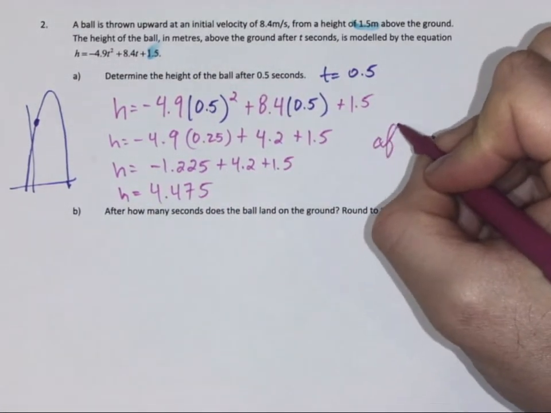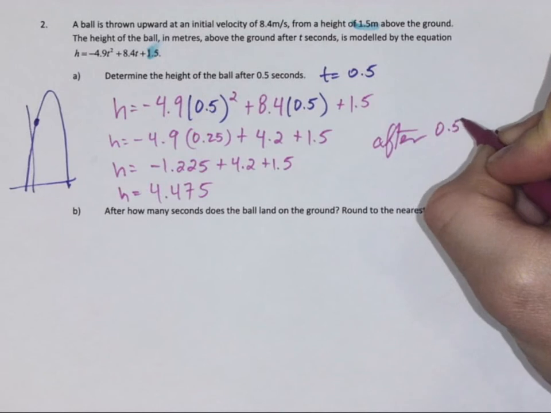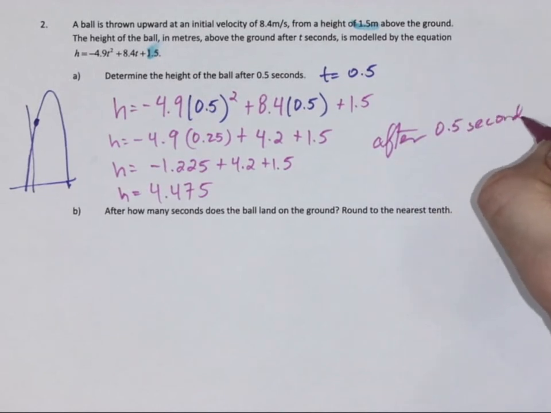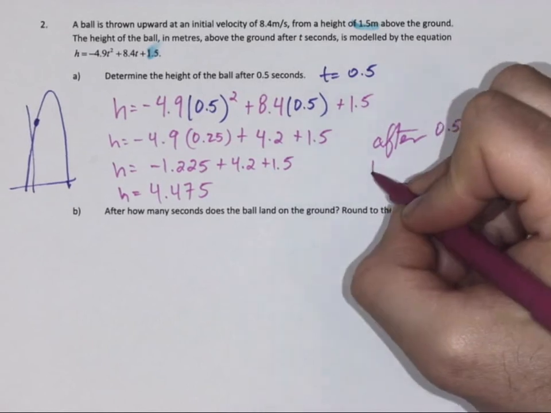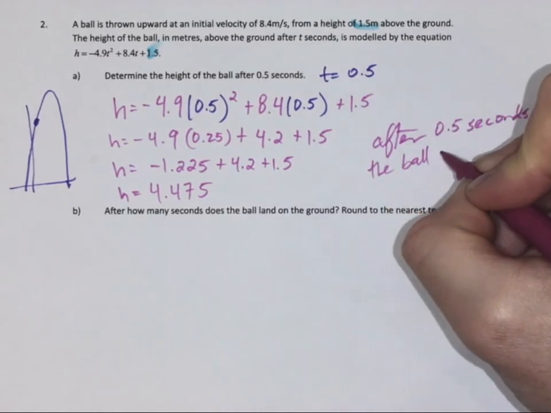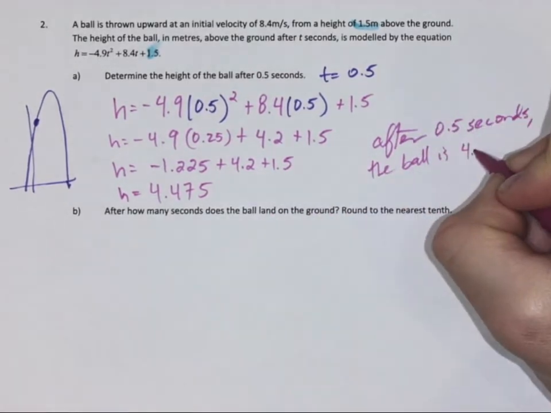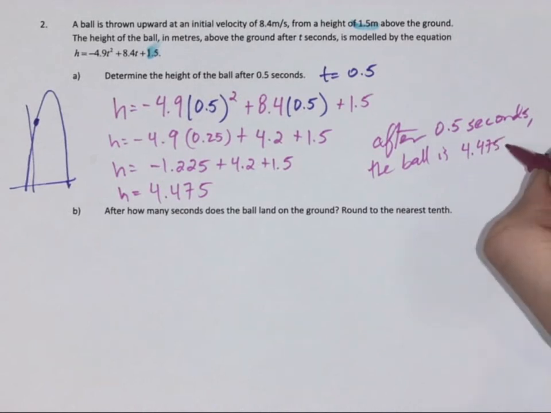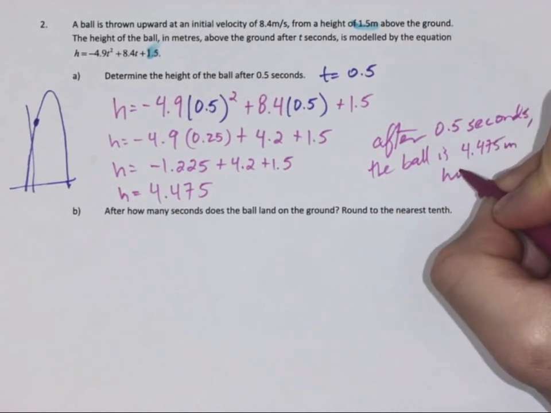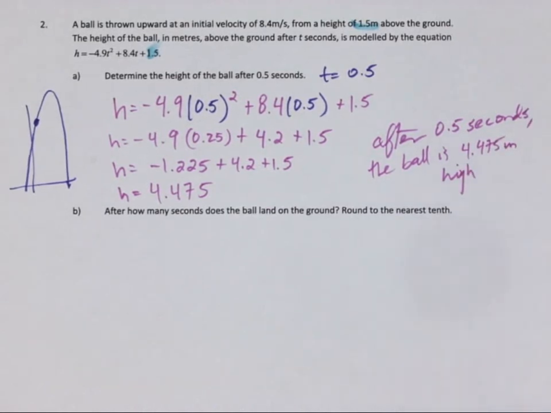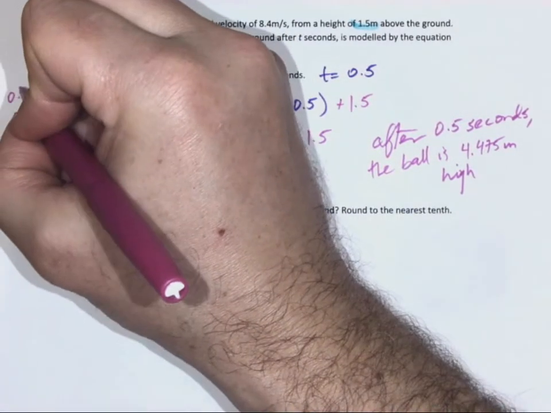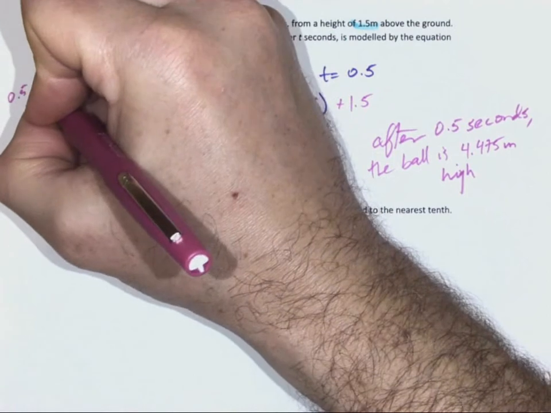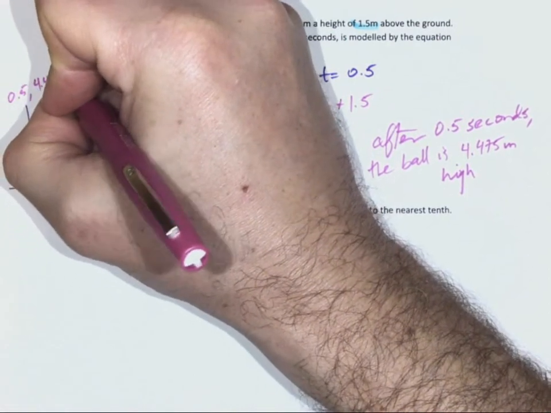So after 0.5 seconds, the ball is 4.475 meters high, off the ground. So that is our point, 0.5 and 4.475.